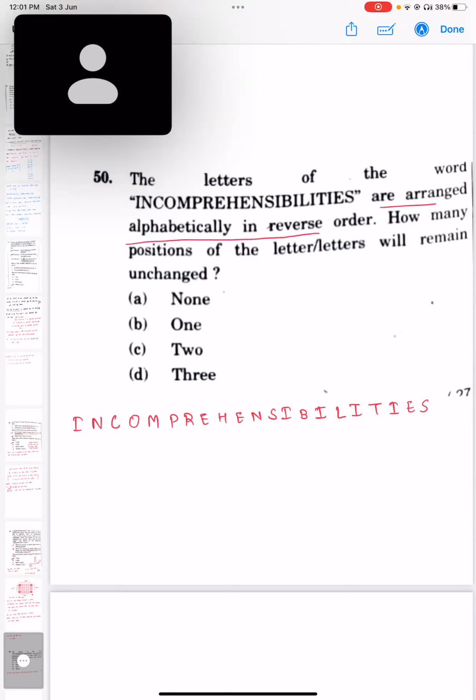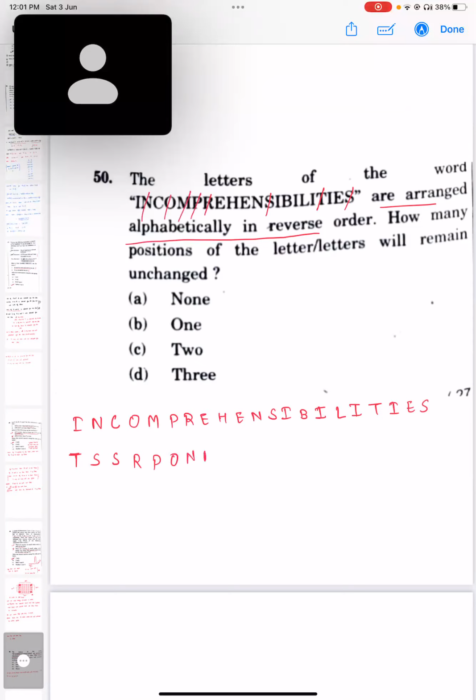So Q R S T. It will be T first of all. Then S, and there is one more S. Then R, then P, then O, then N, there are two N's.